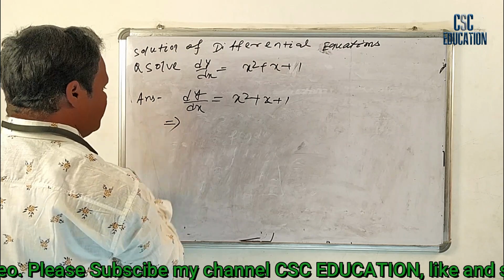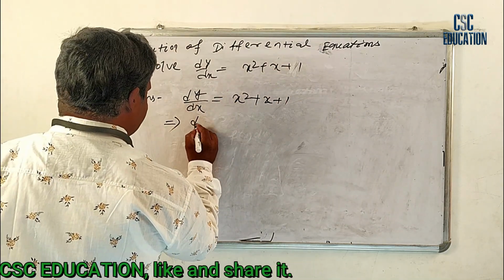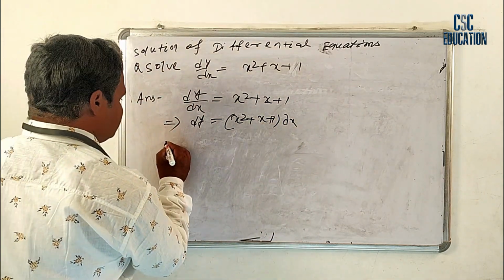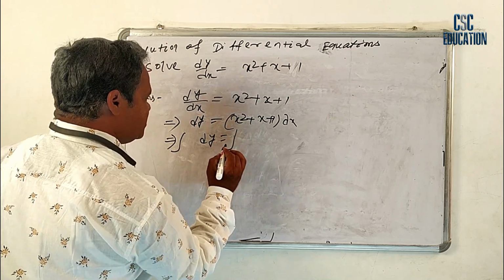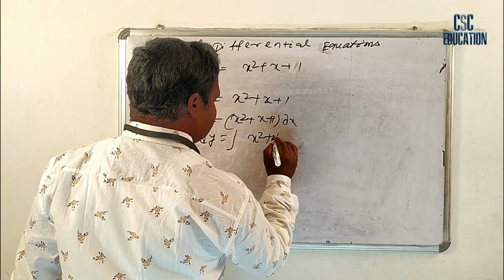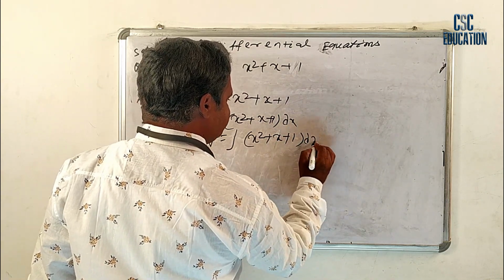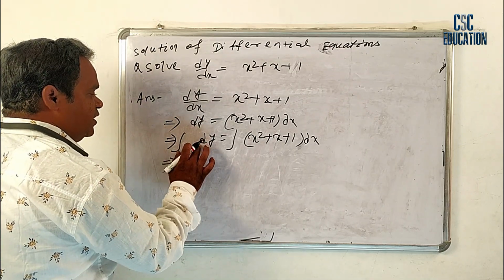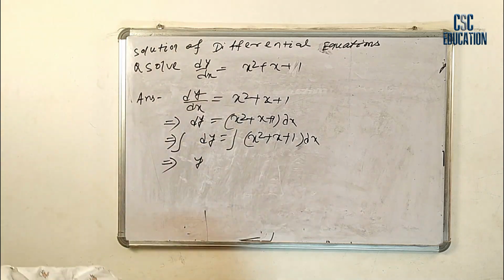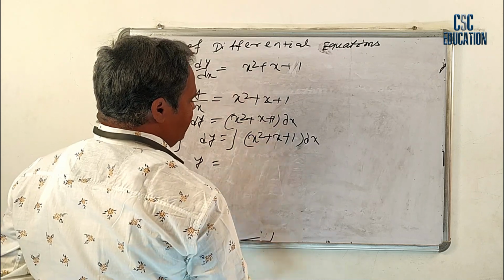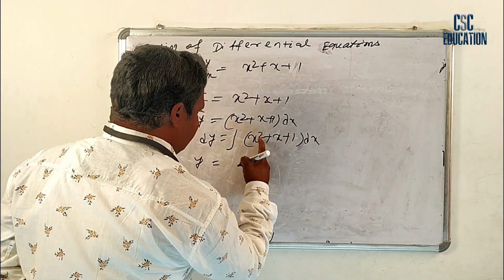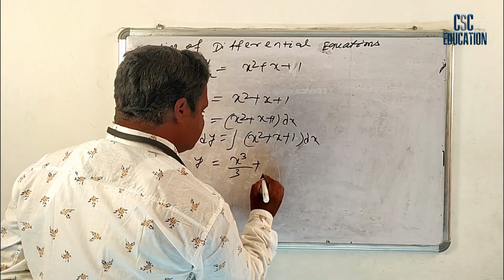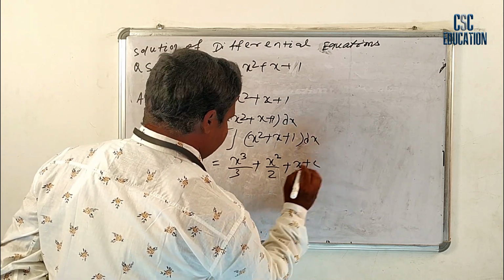Now separate the variables: dy equals x square plus x plus 1 dx. Now integrating both sides, dy equals the integration of x square plus x plus 1 dx. The integration of dy is y, so y equals, in the algebraic integration, x square dx is x to the power 2 plus 1 divided by 2 plus 1, that is x to the power 3 by 3, plus x square by 2 plus x plus c. Take your answer.